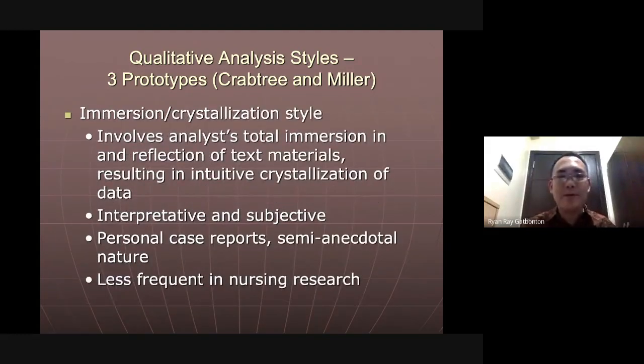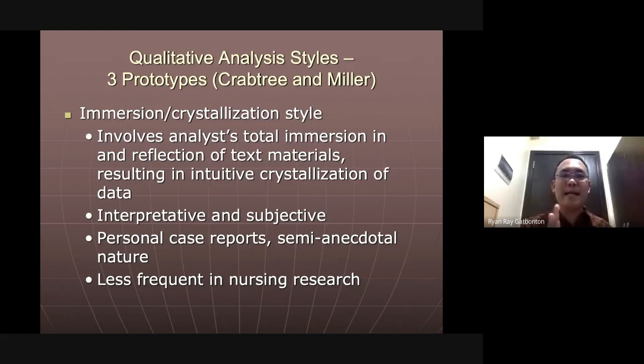While the immersion or crystallization style involves your total immersion in and reflection of text materials, resulting in intuitive crystallization of data. In this form of analysis style, the most subjective one, you are required to dive in and reflect on the meaning of your narratives.